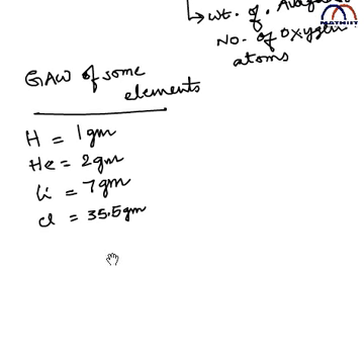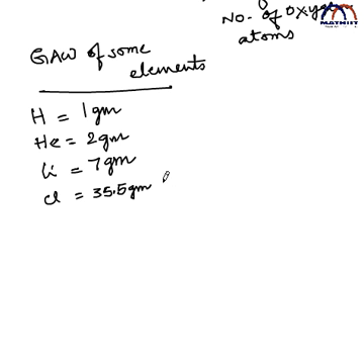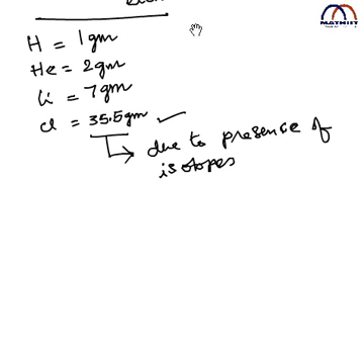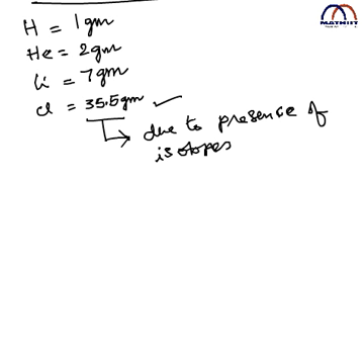Now if you look at this chlorine gram atomic weight, what we find is that we have got a fractional value. Why do we get fractional atomic weights? It is because of the presence of isotopes. Due to the presence of isotopes, we will get the fractional atomic weights.